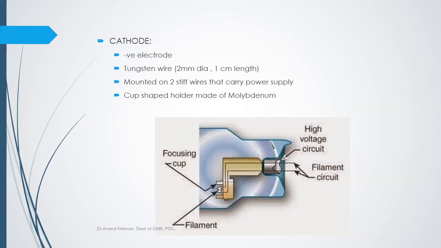Okay, we'll see each of these components a little bit individually for us to better understand the production of X-rays. So the cathode is negatively charged, and it is made up of a tungsten wire, which is 2 millimeter in diameter and 1 centimeter in length, and it is mounted on two stiff wires that can carry the power supply, in a cup shaped holder which is made of molybdenum.